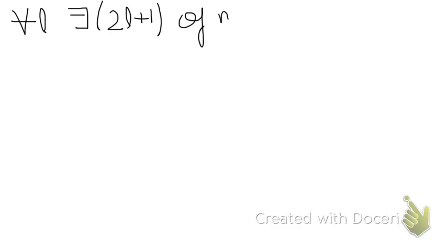Okay, so the next thing is to note that for all of my L, I'll write it down over here. That is, for all L, there exists, this symbol over here is a mathematical symbol for there exists, 2L plus 1 values of M, 2L plus 1 of M states.